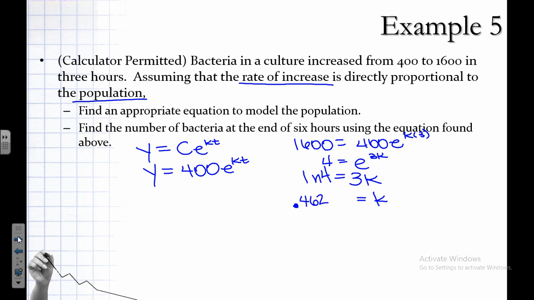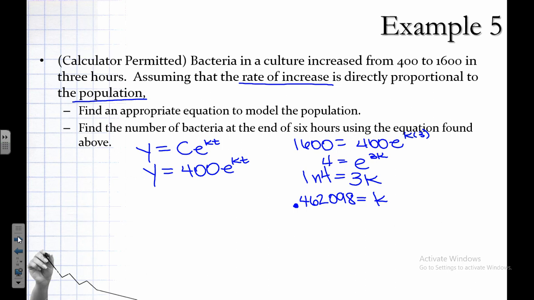Give me 3 more. 098. Why am I asking for 3 more? You can do one of 2 things. You can store that number in your calculator, like I taught you how to do last year. Or you can round to 3 extra decimal places. That way it will be accurate when you round to 3 decimal places for your final answer.